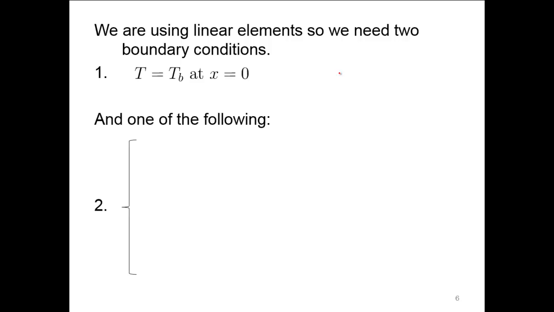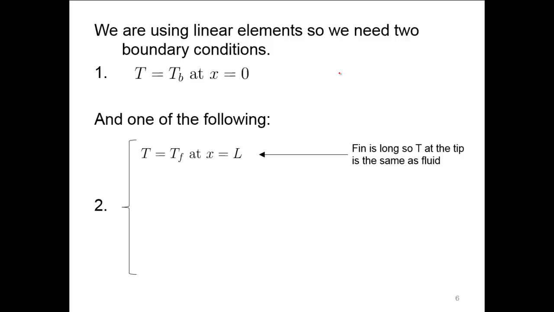All right, we're using linear elements, so we need two boundary conditions. One boundary condition is pretty obvious: at the base, at x equals 0, it is the temperature at the base. For the second boundary condition, we could have one of the following. One, we could say we know the temperature of the fluid at the tip of the fin, and it's going to be constant at the fluid temperature.